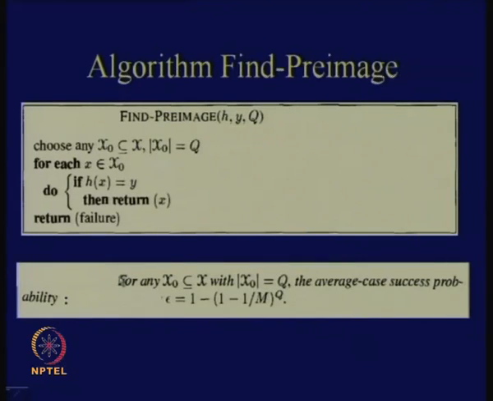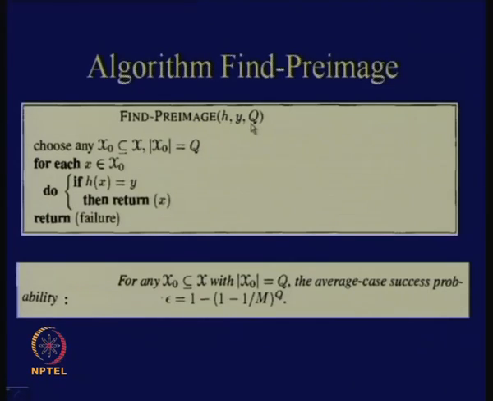Let us try to understand this first. Suppose there is a randomized algorithm which solves the pre-image problem. It is quite a simple algorithm. The pre-image problem is that you have a hash function and you are provided with a y, and you are asked to find x. What is q here? Q determines the number of queries that you make.